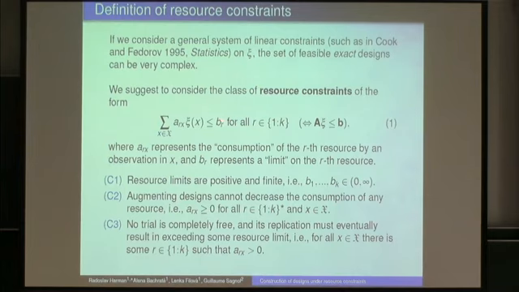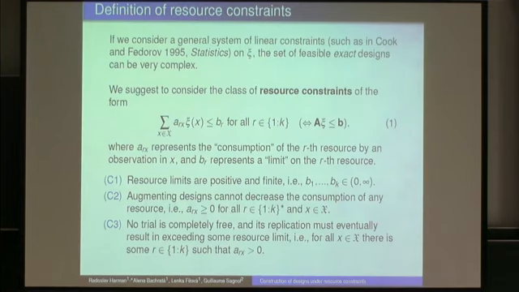The interpretation is that a_r(x) represents consumption of the rth resource. So we have k resources. This denotes 1 ... k, the set of all natural numbers from 1 to k. So a_r(x) represents the consumption of the rth resource by an observation in x, and b_r is a limit on the rth resource.